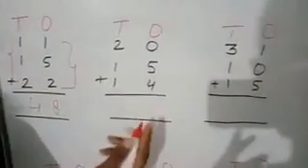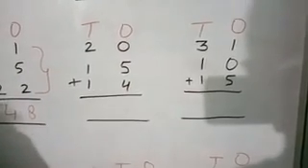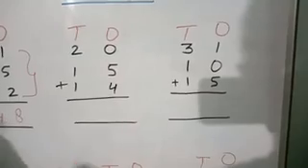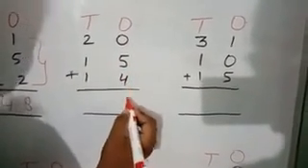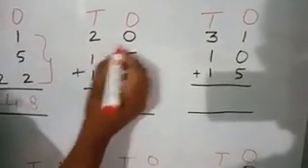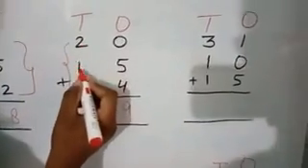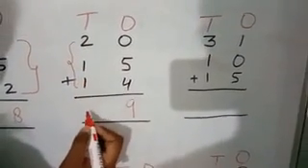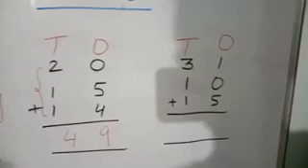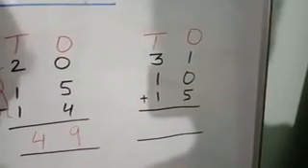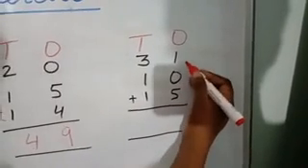See, the next one, 0 plus 5 plus 4. 0 means nothing. 5 plus 4, 9. Okay, and add tens together. 2 plus 1, 3 plus 1, 4. That means we are getting here 49. Next one is 105.